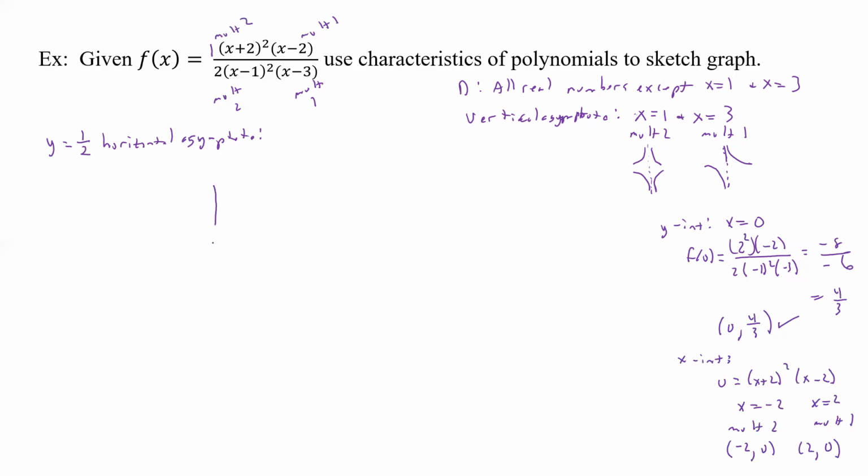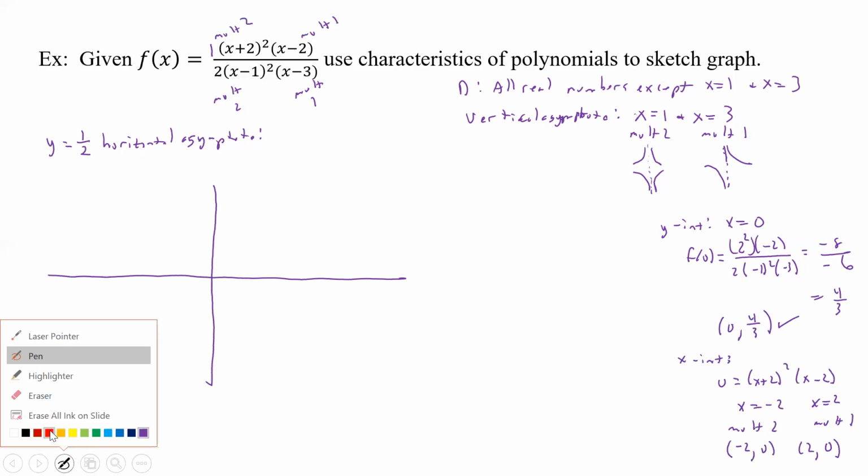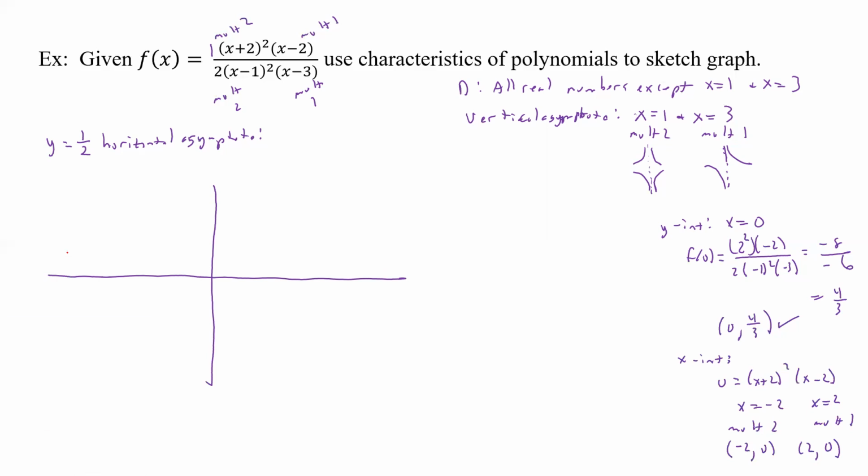Now at y equals a half, we have a horizontal asymptote. So maybe let's make our axes scaled to that. Maybe this is 1, 2, 3, negative 1, negative 2, negative 3, and on the y-axis 1, 2, 3, 4.